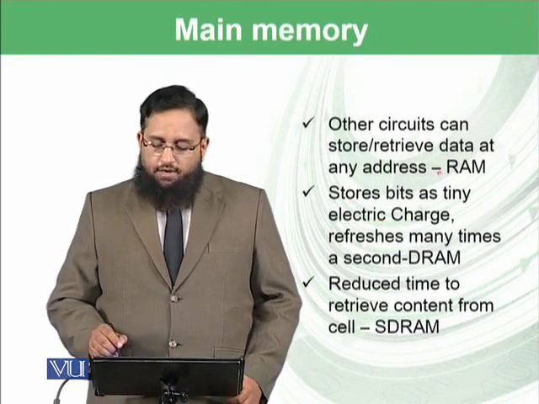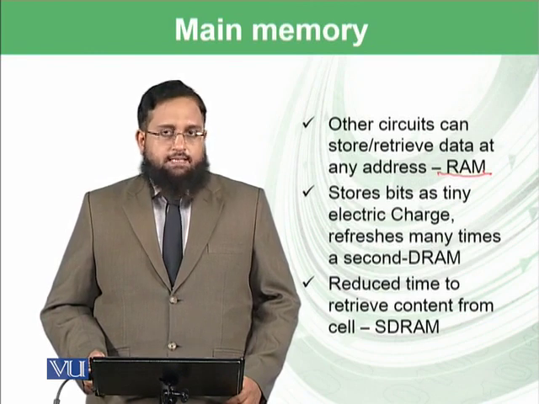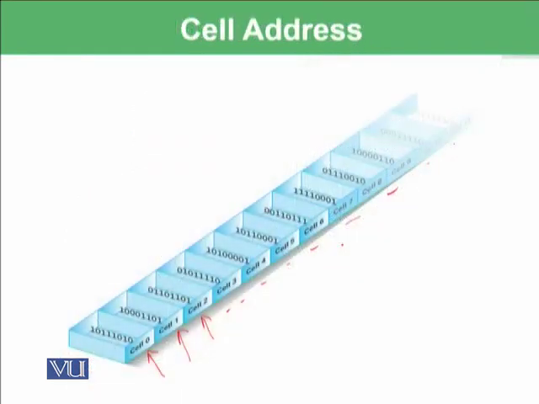That's why we call it random access memory. Access means you have access to all cells here. If you want to store data into a cell, you can straight away save in that location. Such saving or retrieving of data is known as random access.